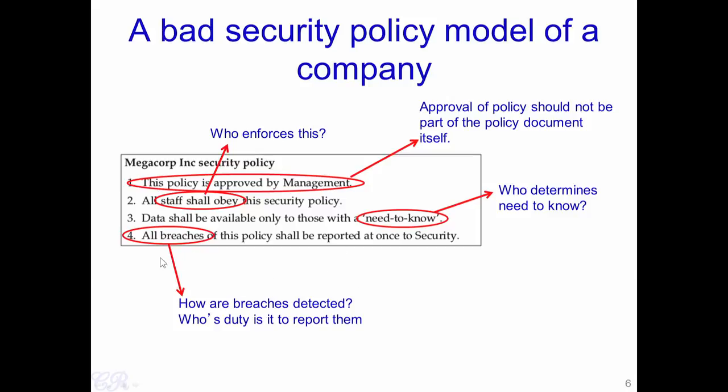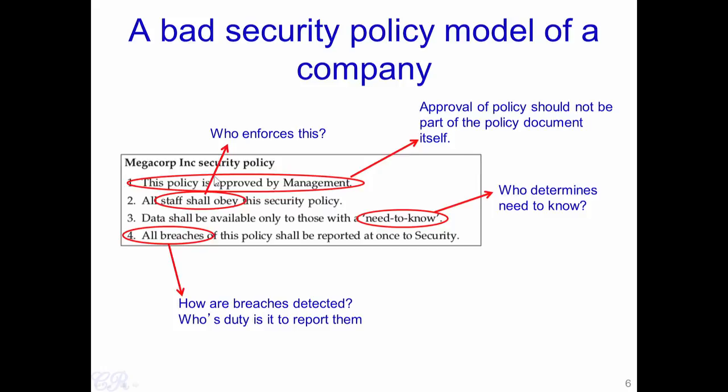Finally, all breaches of this policy should be reported at once to security. So, how are breaches detected? The security policy does not tell anything of this form. Whose duty is it to report them? This too is not mentioned here.